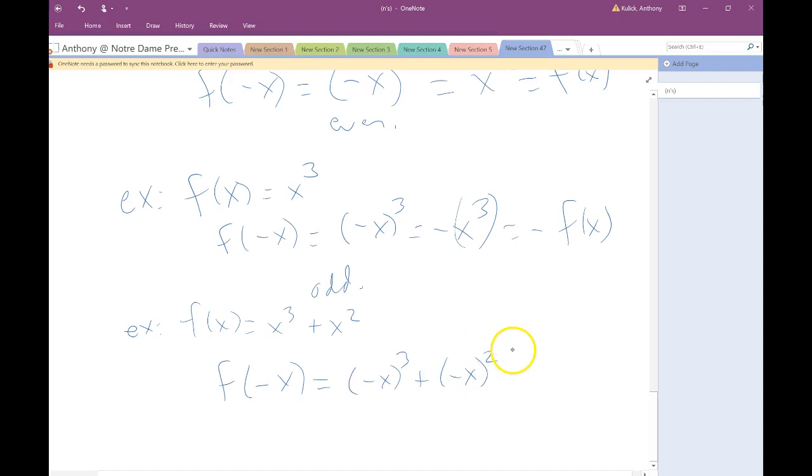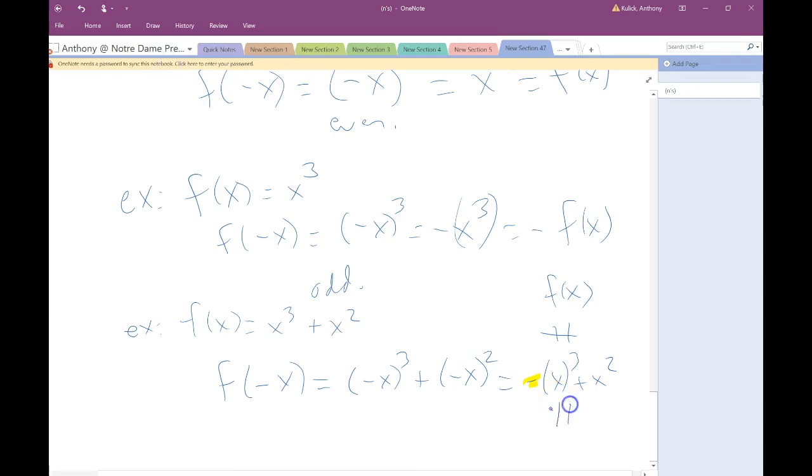So again, I'm going to start the same way. And we know what each of these gives us. And we can see clearly that this is not equal to f of x because of the negative sign here, right?